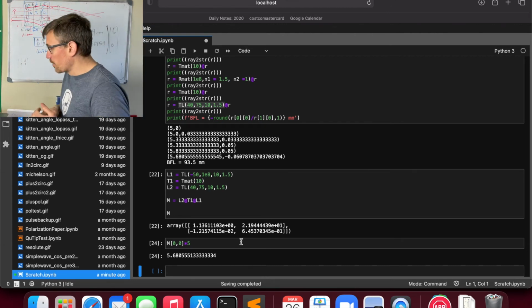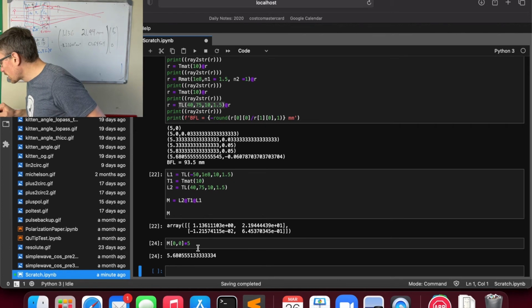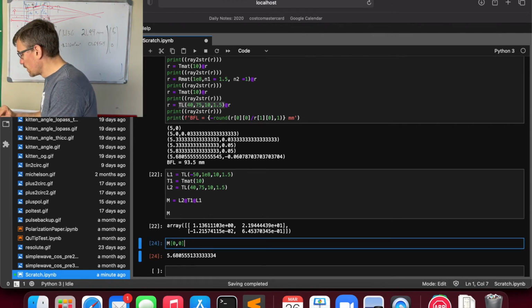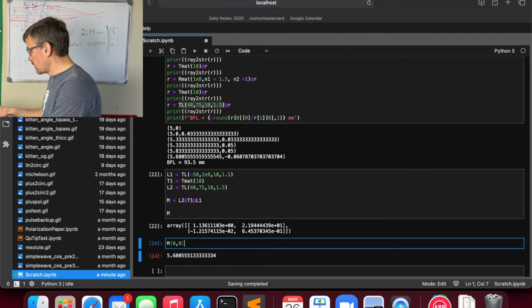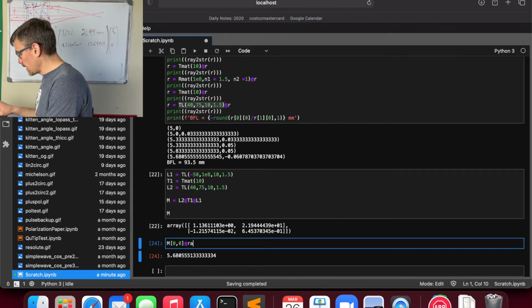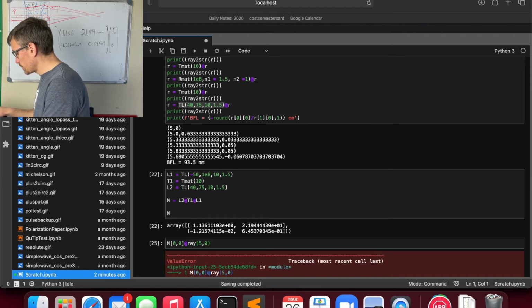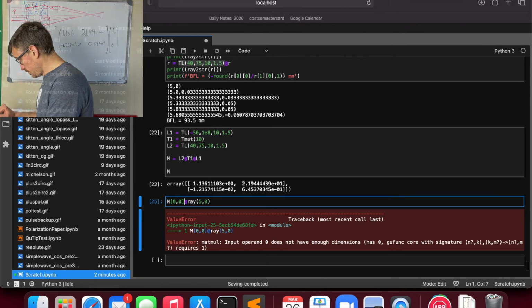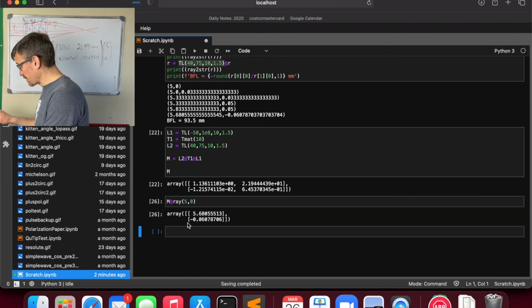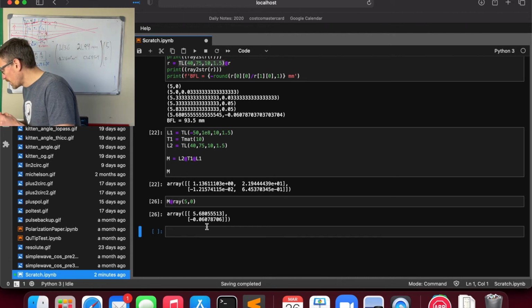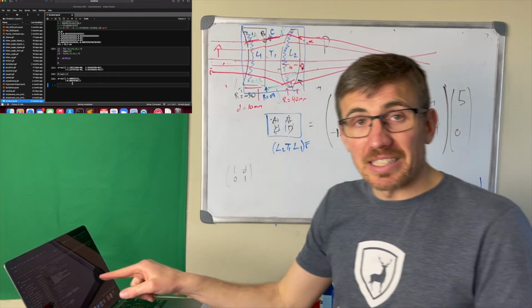And how about the angle? I hope it gives us negative 0.060. So let's just multiply it with the whole thing, times our ray, and it didn't like that because I'm multiplying with not a matrix. There we go, 0.0607. So we get the exact same answer for the ray.